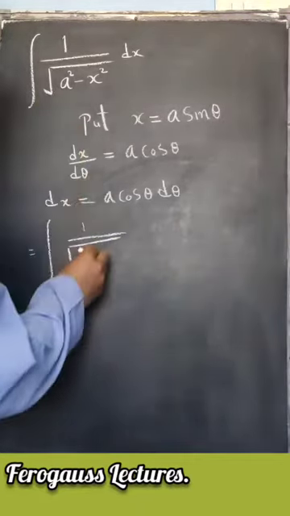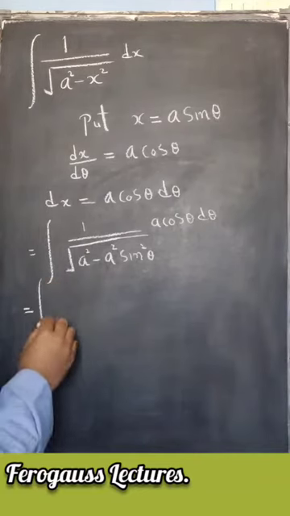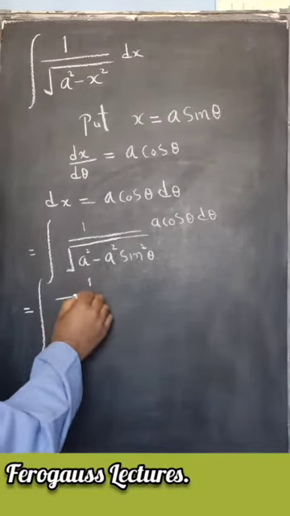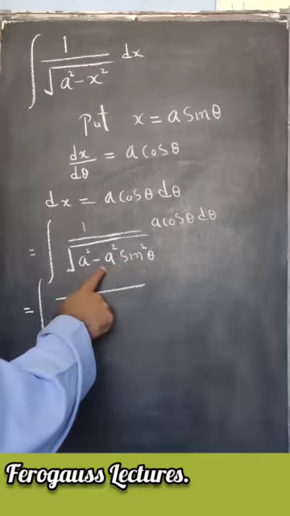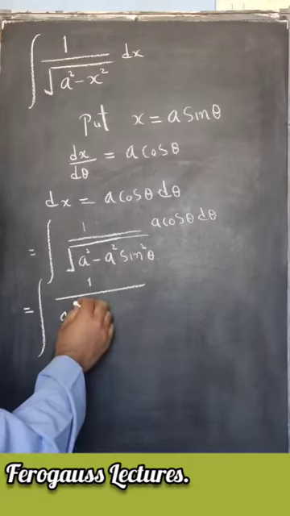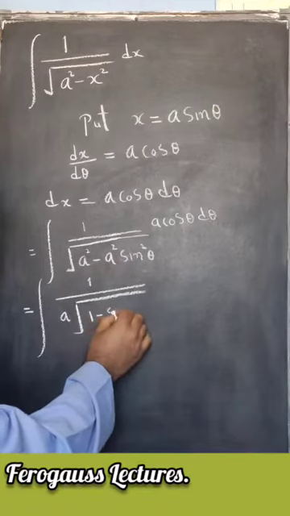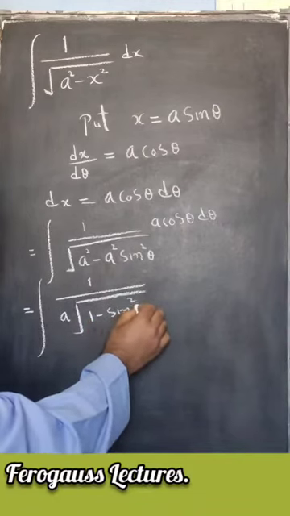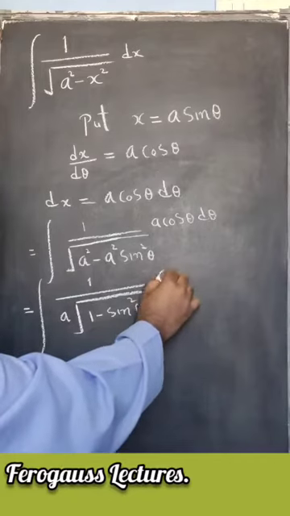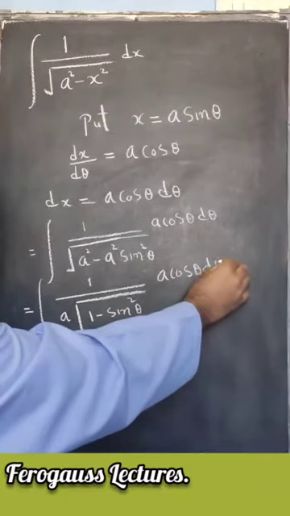That is further equal to 1 by, now here we have a square minus a square sine square theta. Take a square common, so we get a root of 1 minus sine square theta, and here we have a cosine theta d theta.